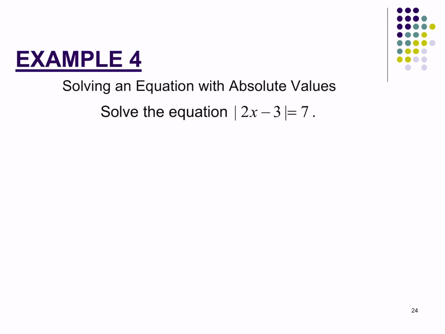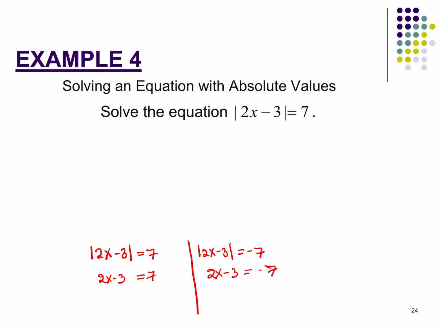Therefore, you will have the magnitude of 2x minus 3 equivalent to 7 for one value, and the magnitude of 2x minus 3 equivalent to minus 7 for another value, and then you find the solutions for that. So you will have 2x minus 3 equivalent to 7 and 2x minus 3 equivalent to minus 7.